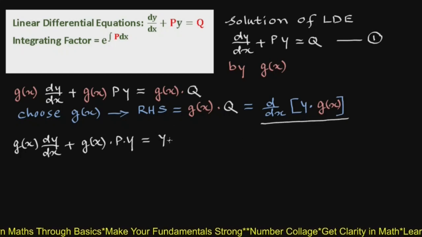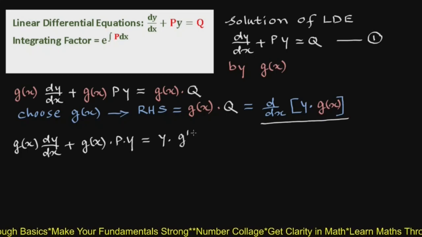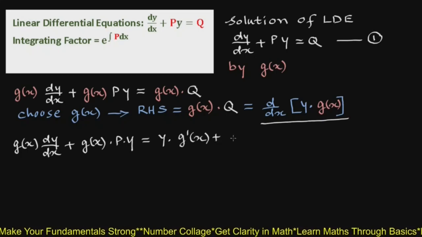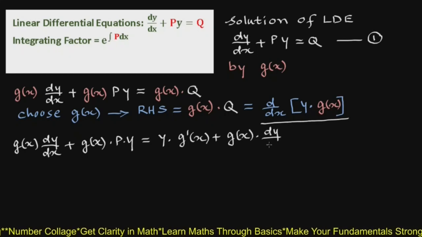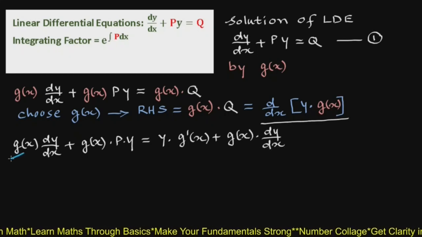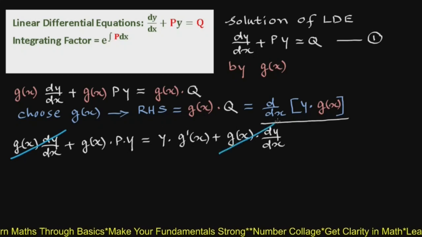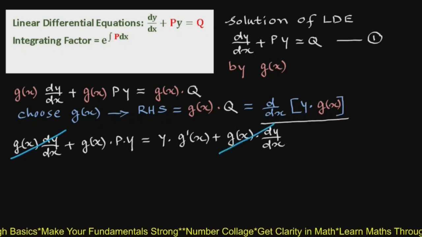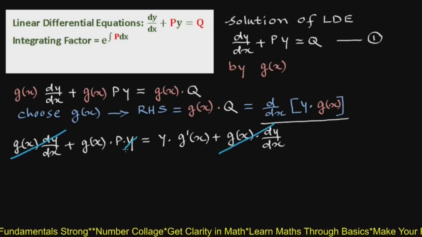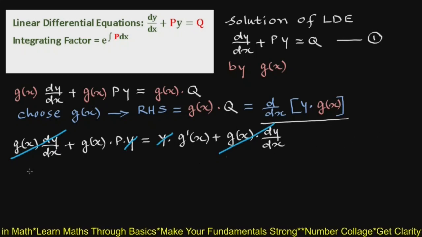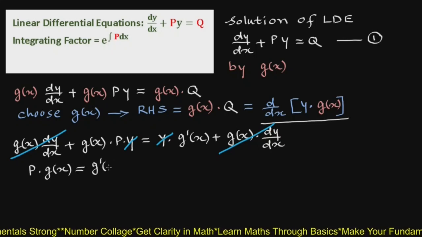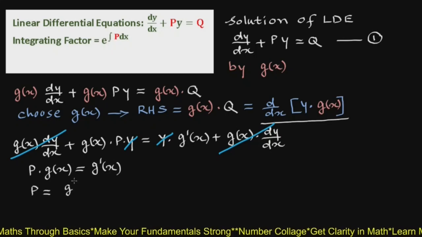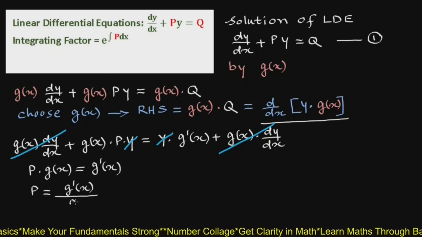So first function into derivative of second, g dash x, plus second function g(x) into derivative of first, dy by dx. Now g(x) dy by dx gets cancelled. Also dividing y from both sides, y gets cancelled. So it is p g(x) equals g dash x, or p equals g dash x upon g(x).